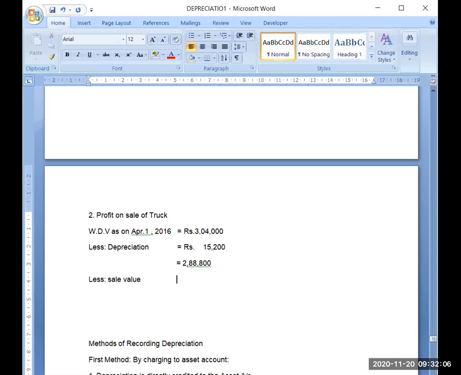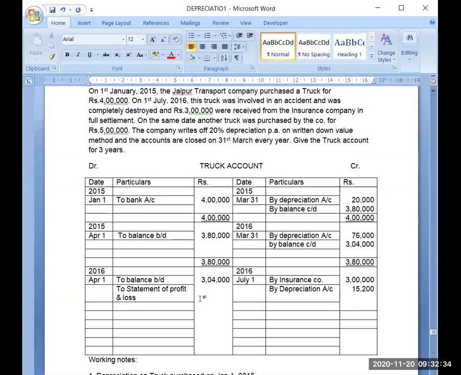Sale value is 3 lakh. So if you deduct it, we will get 3 lakh minus 2 lakh 88,800. It will be 12,000 minus 800, 11,200. So the profit on sale of this truck is 11,200.